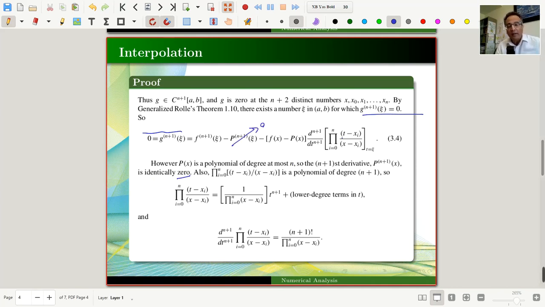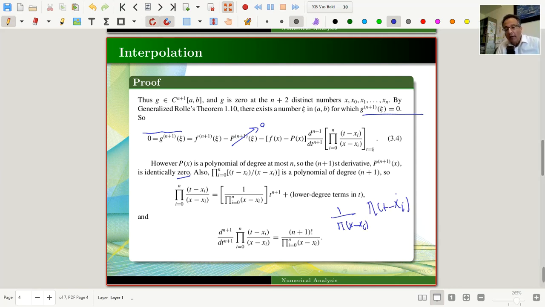Okay, now it remains to compute this derivative. For this derivative we can move the product of the denominator out, and we can write it in this form: 1 over the product of (xi minus xi), times the product of (t minus xi).